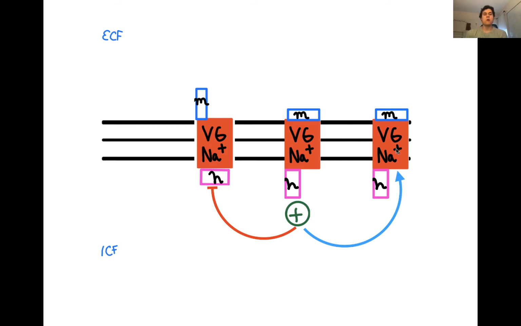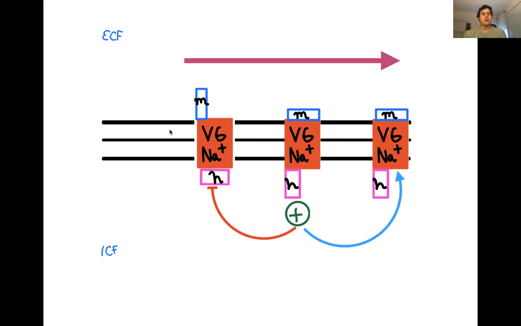So in other words, the action potential will only propagate in one direction. What keeps it from propagating backwards is the inactivation of the voltage-gated sodium channels behind it.